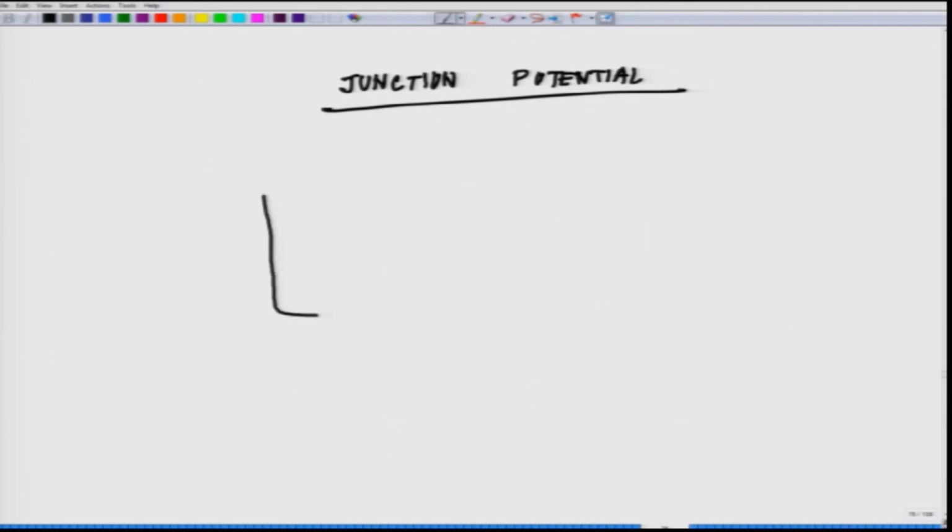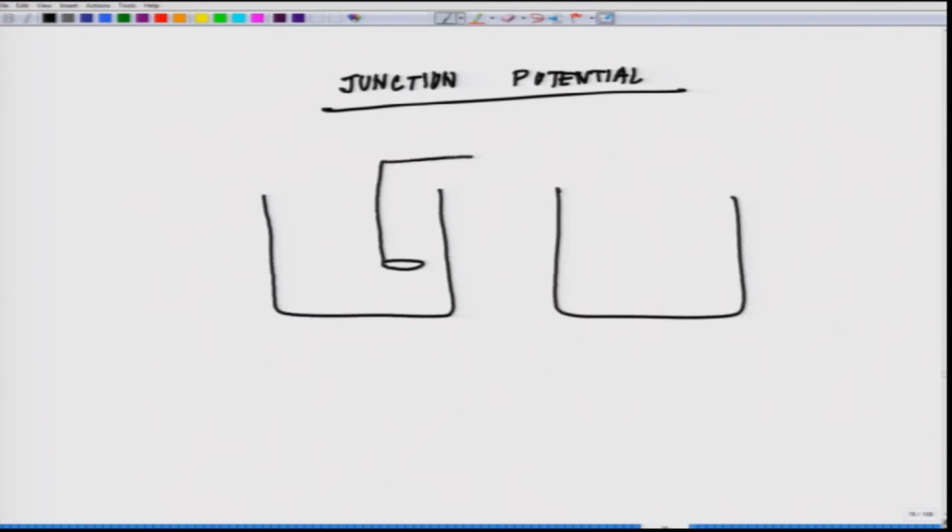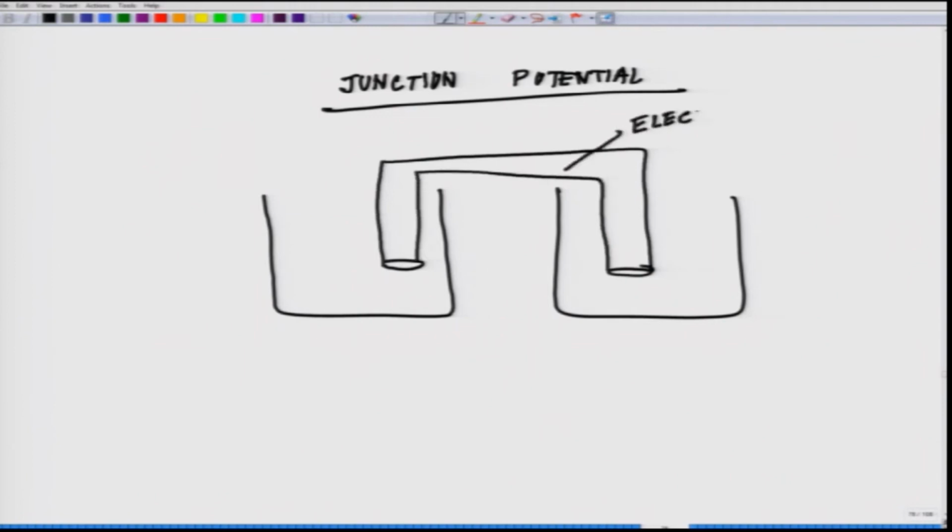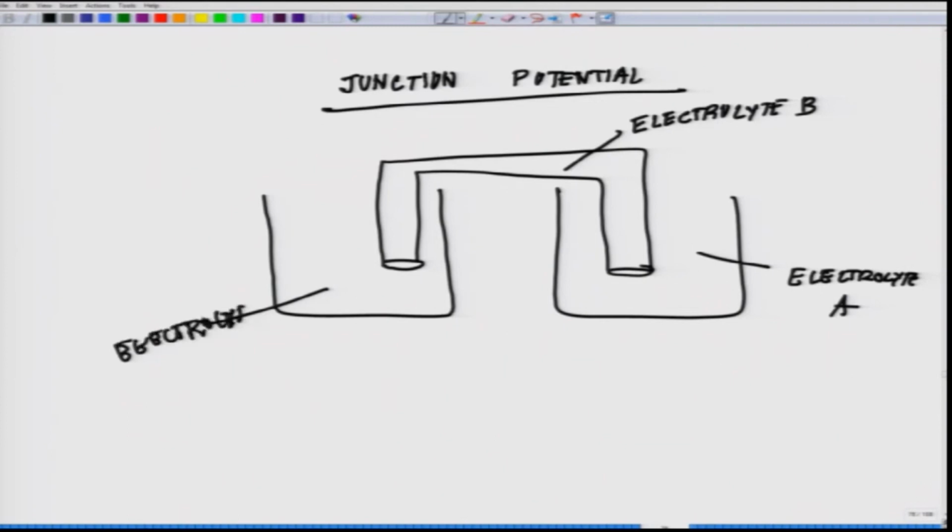This is a situation you will observe when you have a salt bridge, which has a different electrolyte, okay? Electrolyte B, and you have an electrolyte A, you have a electrolyte C.